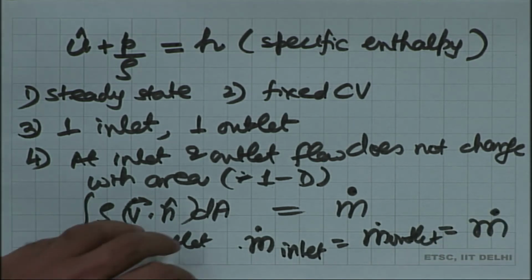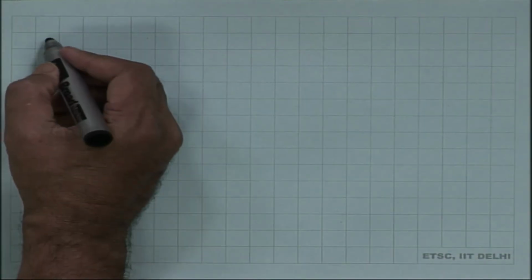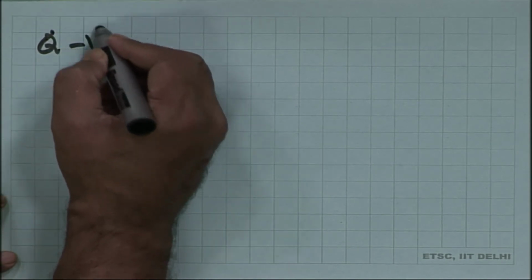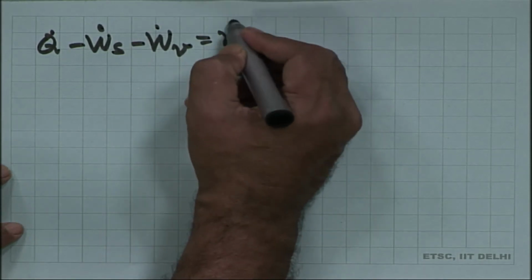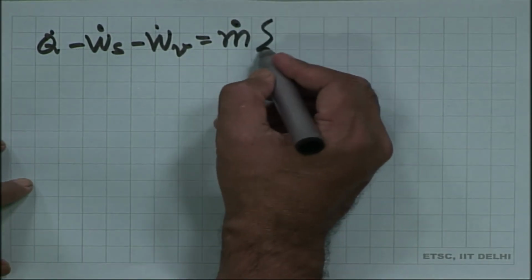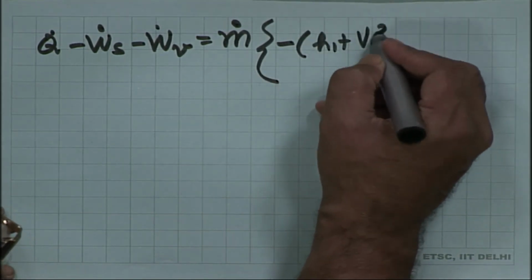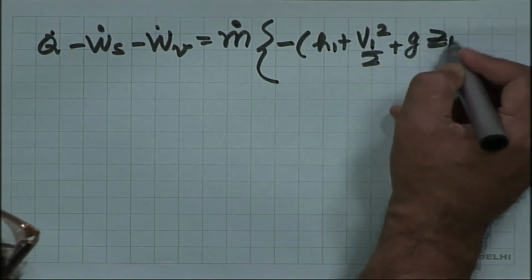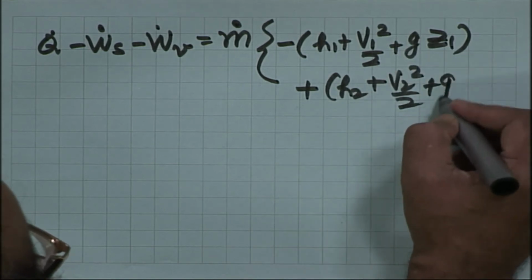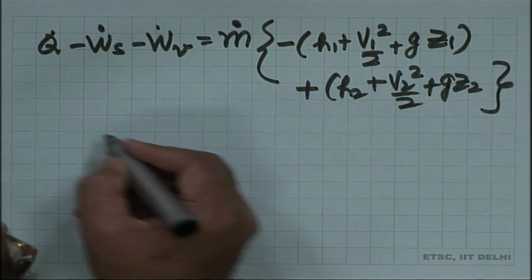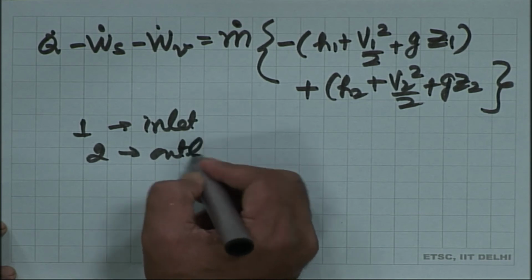So, this we have seen, and if that is the case, then applying this to the equation will give us Q dot minus Ws dot minus W dot V is equal to m dot times minus of H1 plus V1 square by 2 plus G times Z1 plus H2 plus V2 square by 2 plus GZ2, where 1 is the inlet and 2 is the outlet.